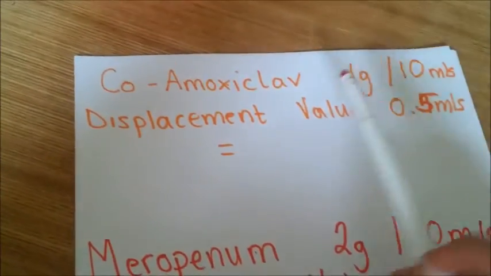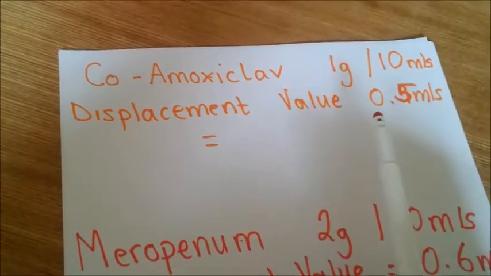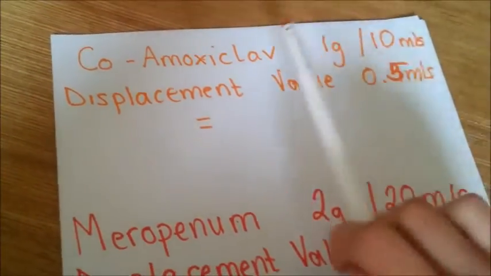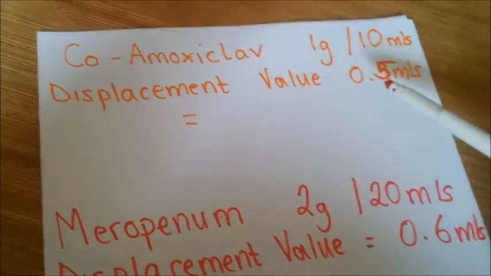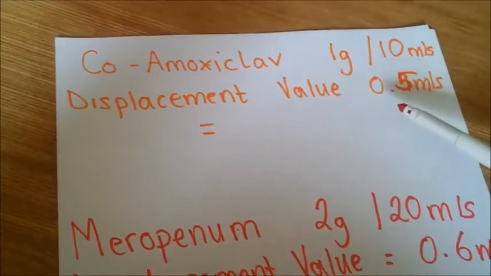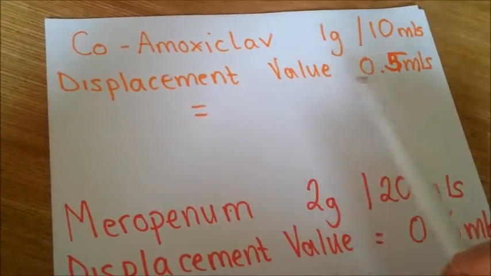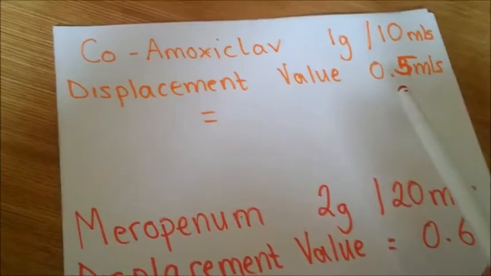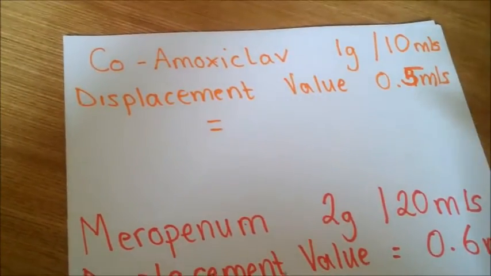Here you see that you've got coamoxiclav that's 1 gram in 10 mils and a displacement value of 0.5 mils. This will come in a powder, and you need to add usually water for injection or sodium chloride, but most of the time it's water for injection, to make 1 gram in 10 mils. Because the displacement value is 0.5, that's how much the powder increases the volume by.